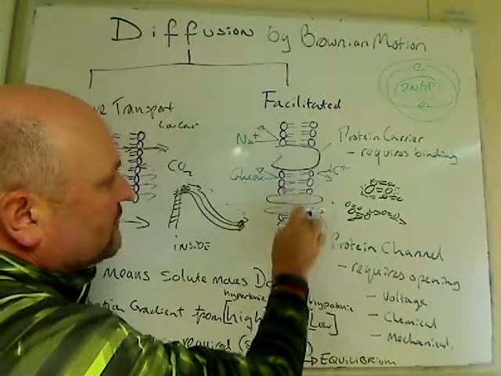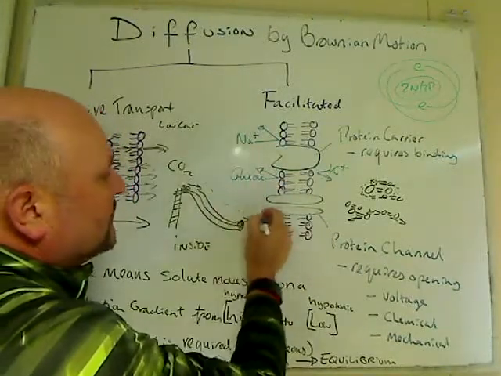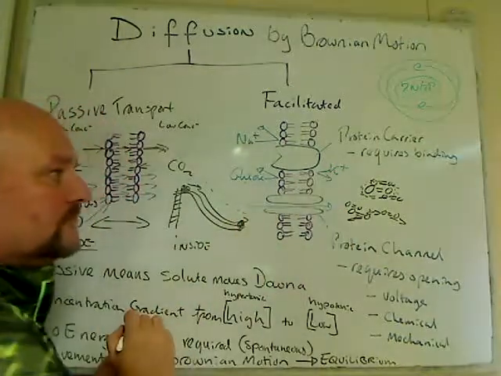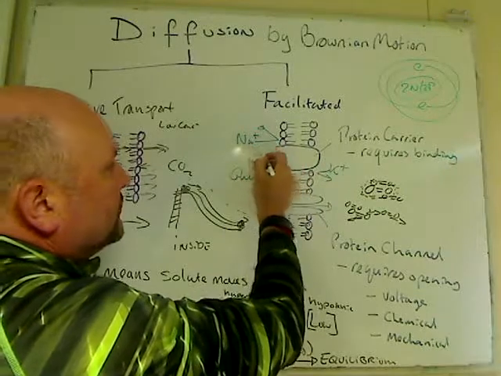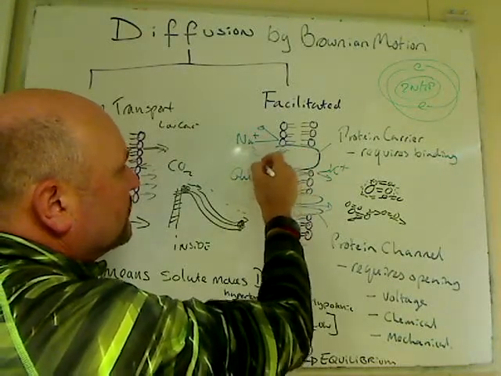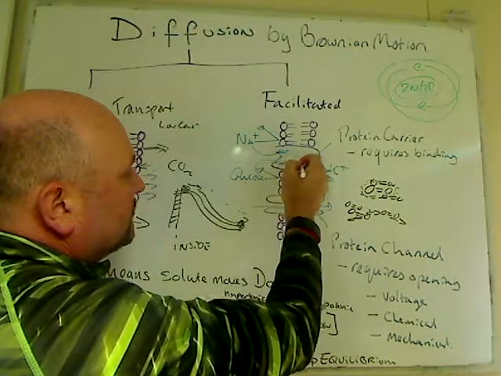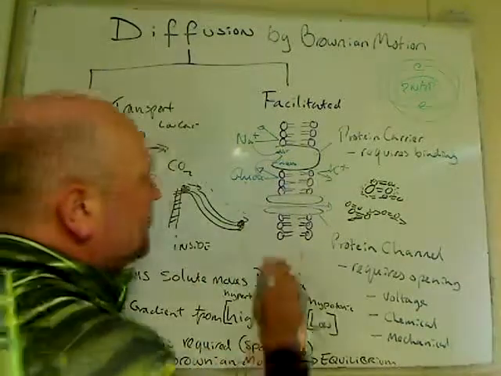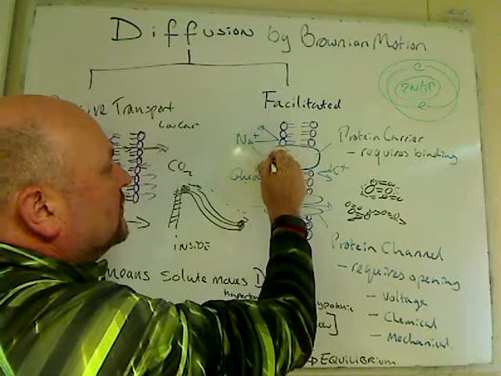Now there's two different types I've drawn here. One is a channel. So the sodium, for example, if there's a sodium channel, could come in through there, if it's open. And alternatively, it could bind on here, sodium, and the glucose could bind there. Now I said in the last lecture, once they bind, because they're carrying charge, it causes the protein to change its shape.